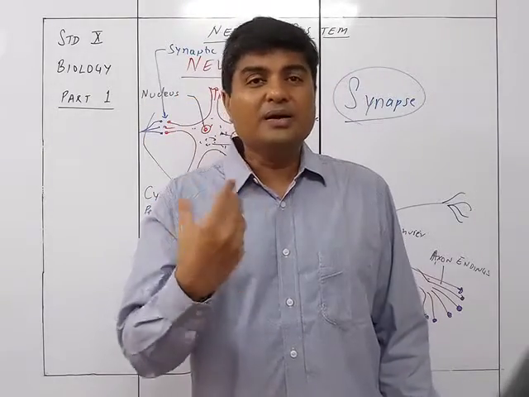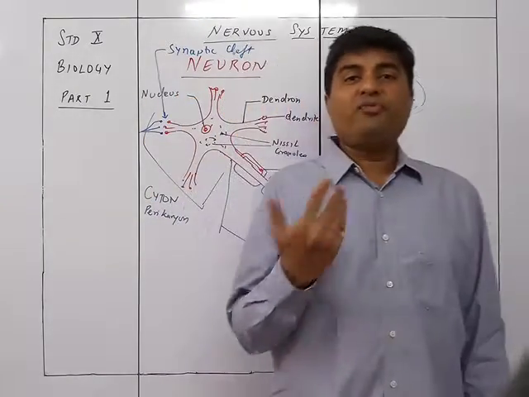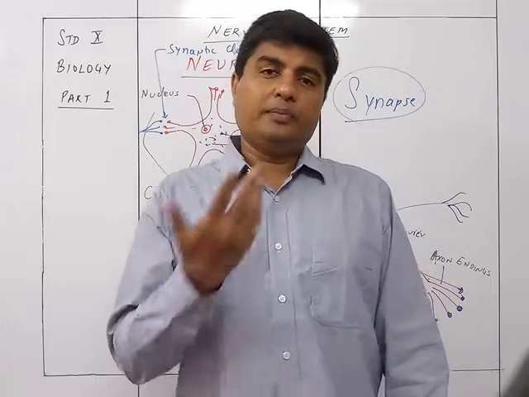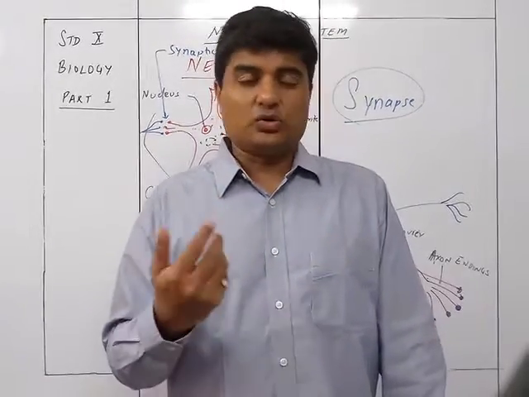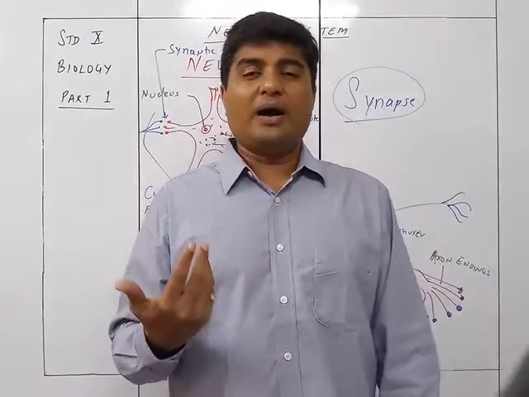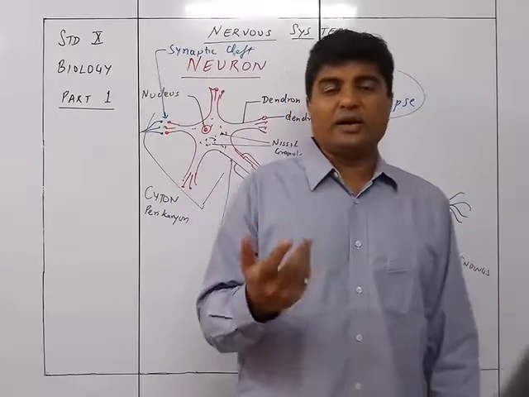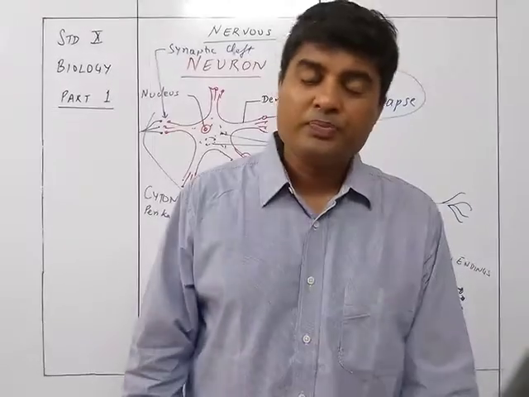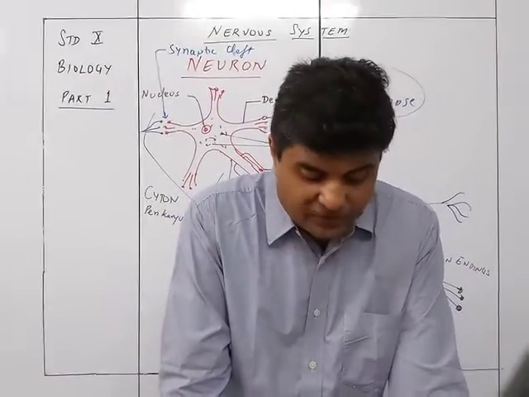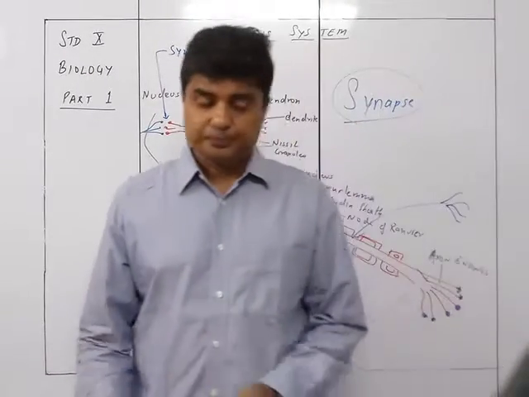So that is nothing but an effector. It's an effect of whatever it has sensed. The brain and the spinal cord tell that particular muscle or gland to secrete accordingly, so that it is responding to the stimulus. That is what is called the effectors.